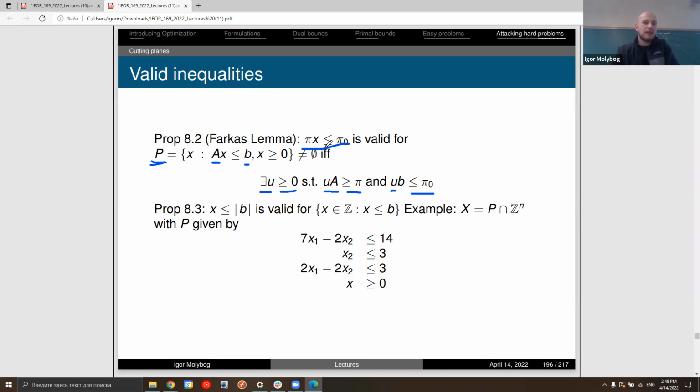So basically, this inequality is valid for the formulation if and only if such a vector U exists.